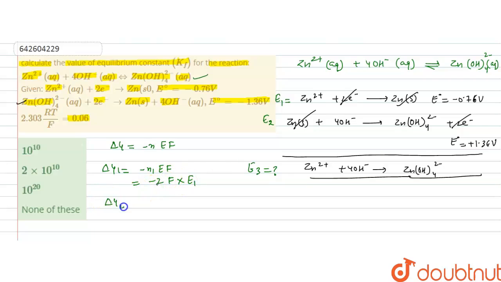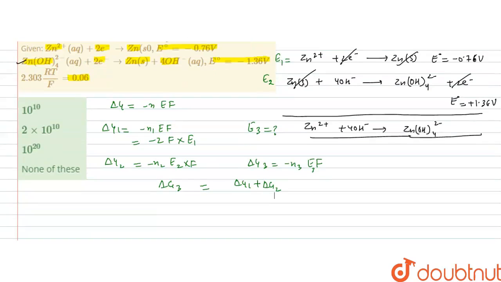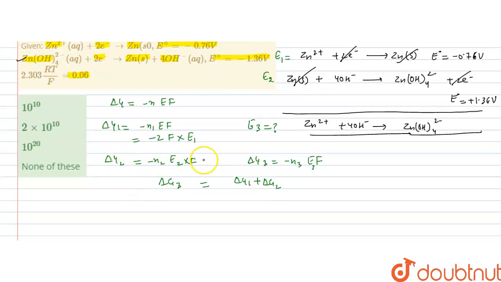Similarly for this reaction delta G2 will be minus n2 E2 F, and for this reaction delta G3 will be minus n3 E3 F. So if we add these, delta G3 will be delta G1 plus delta G2, F will get cancelled, so n3 E3 equals n1 E1 plus n2 E2.